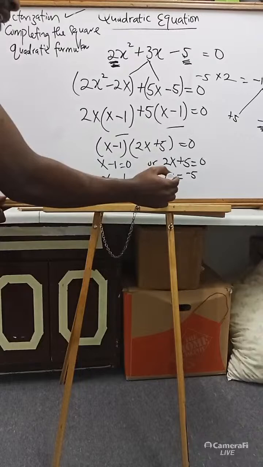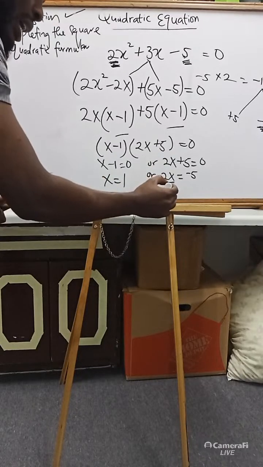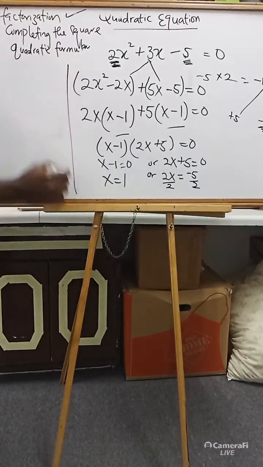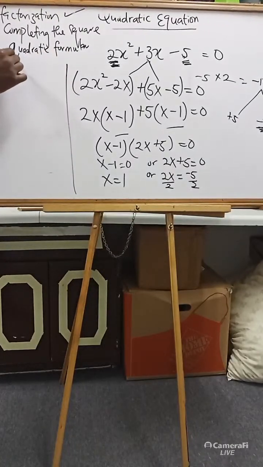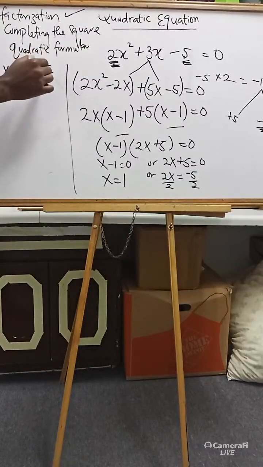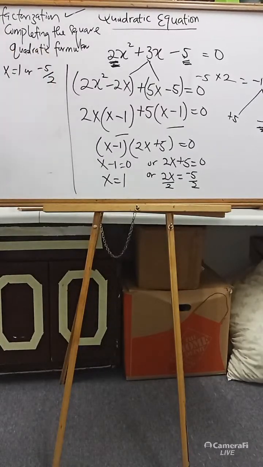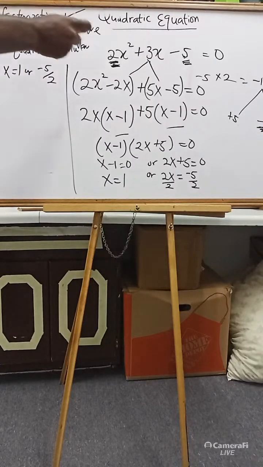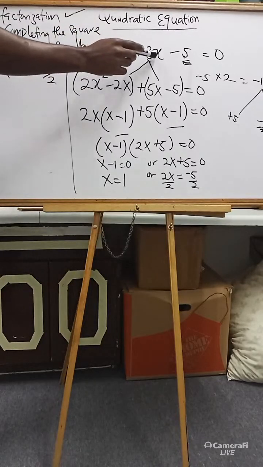Divide by 2 so that we can have our x. So finally, I have my x to be 1, or what? Negative 5 over 2. So that is what I have for my x. So we can confirm by plugging in the value of x into the given equation of 2x squared plus 3x minus 5.